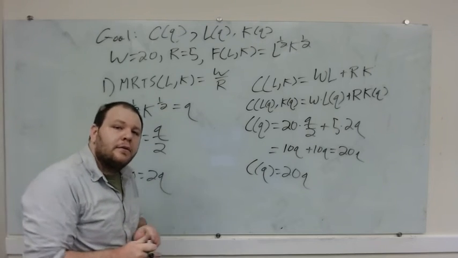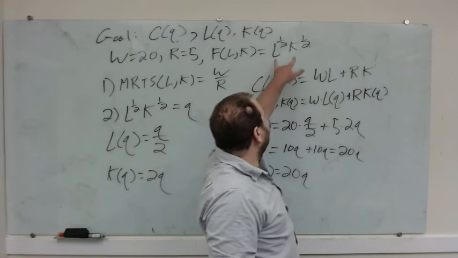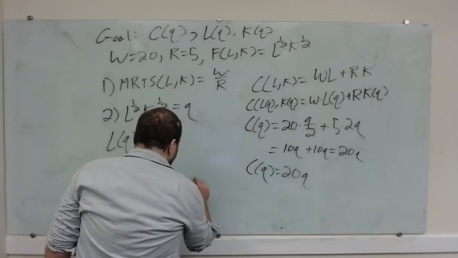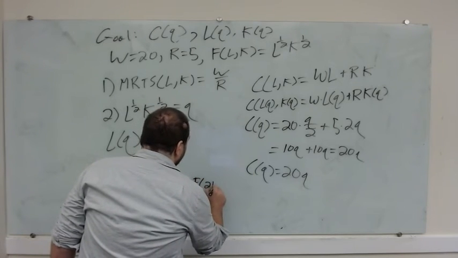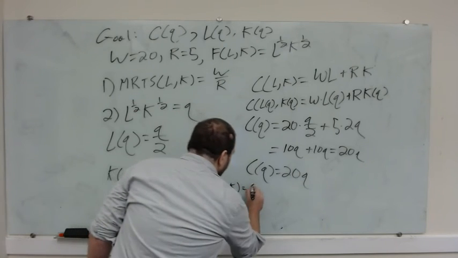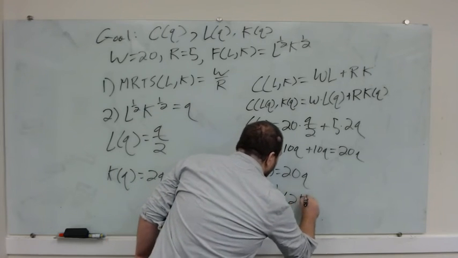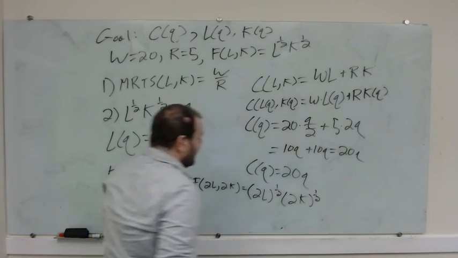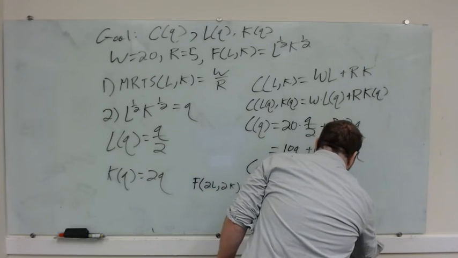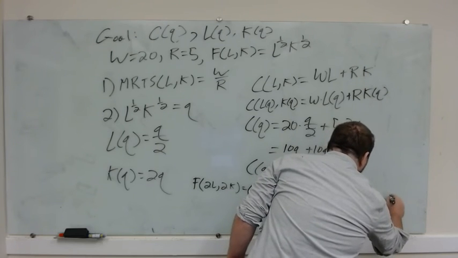We can. The reason for this is, let's imagine that I double my inputs. So I double labor and I double capital. So let's say I wanted to know how much I produce with 2L and 2K. Well, it would be (2L) to the 1/2 times (2K) to the 1/2. If I distribute the 1/2s, this is just going to be 2 to the 1/2, L to the 1/2, times 2 to the 1/2, K to the 1/2.